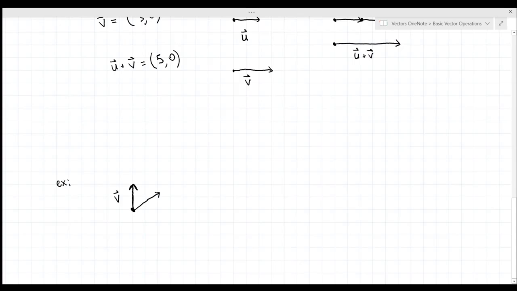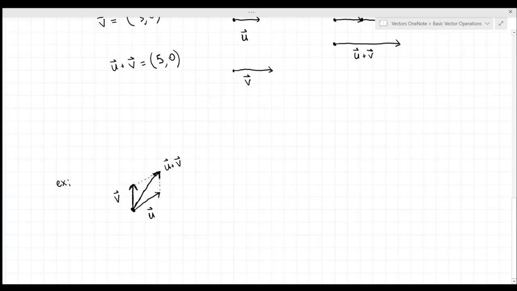So if you want to know what the overall velocity of the plane would be, well, it would be the vector sum of these two velocities. So the overall velocity of the plane would be in this direction and with that magnitude, okay? So that's a simple example in physics, but it shows you how vectors add in this way naturally. So it makes sense that we would define vector addition the way that we did.